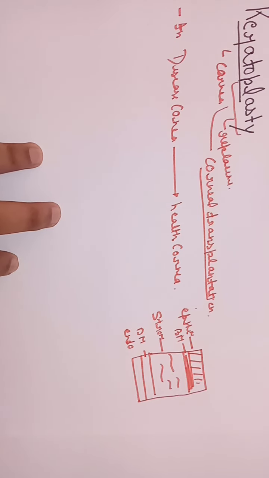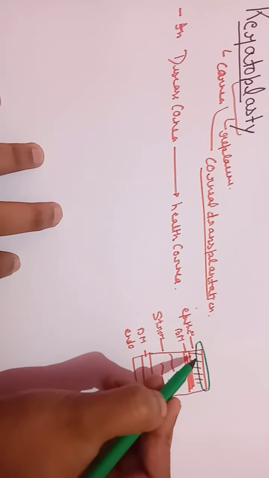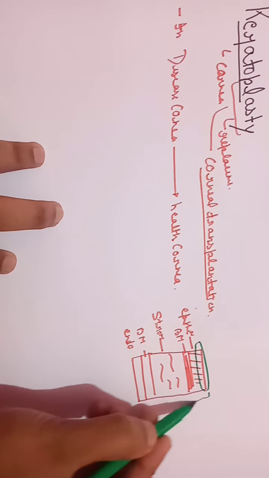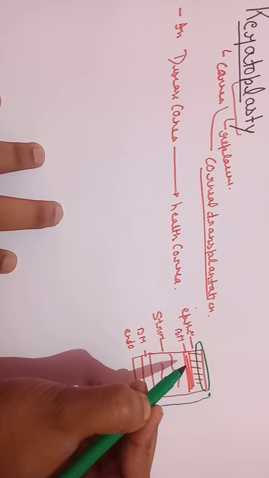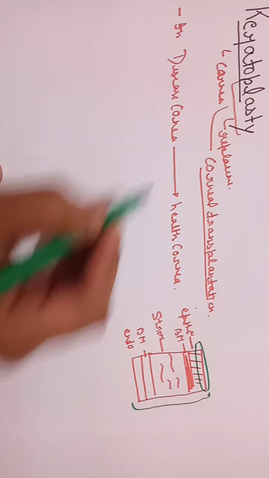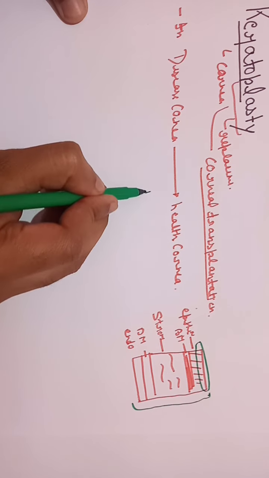So suppose the defect is present only in the epithelial layer. Then why do we require the whole transplantation of the cornea? We replace only the epithelium. So according to that, we classify keratoplasty, corneal transplantation, into two categories.